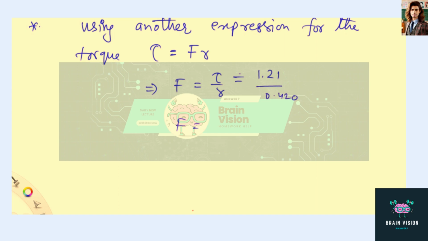So finally this force comes out to be equal to 2.88 Newton, and this is the force, or we can say tension, exerted by the rope on the pulley. Answer for the third part of the problem.